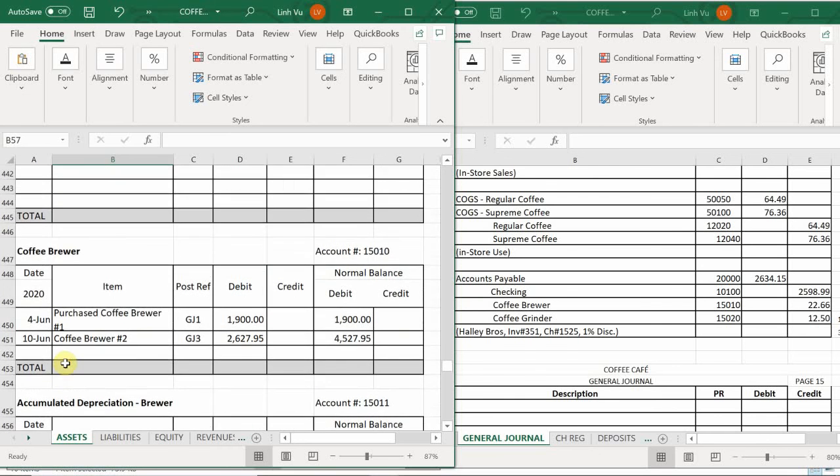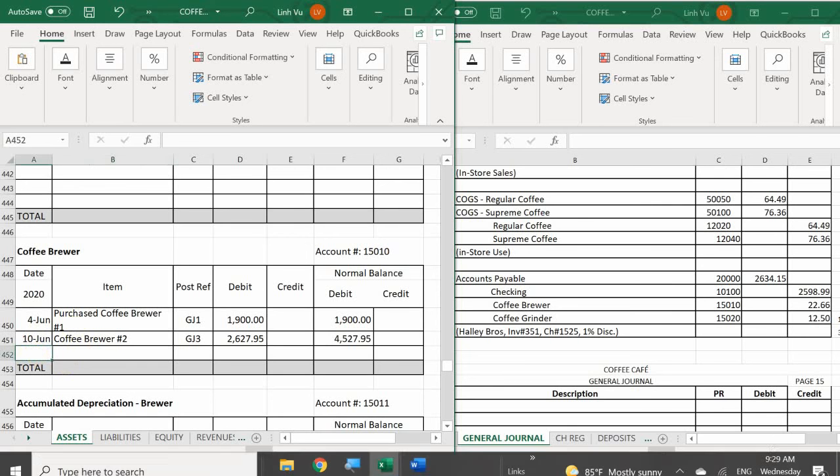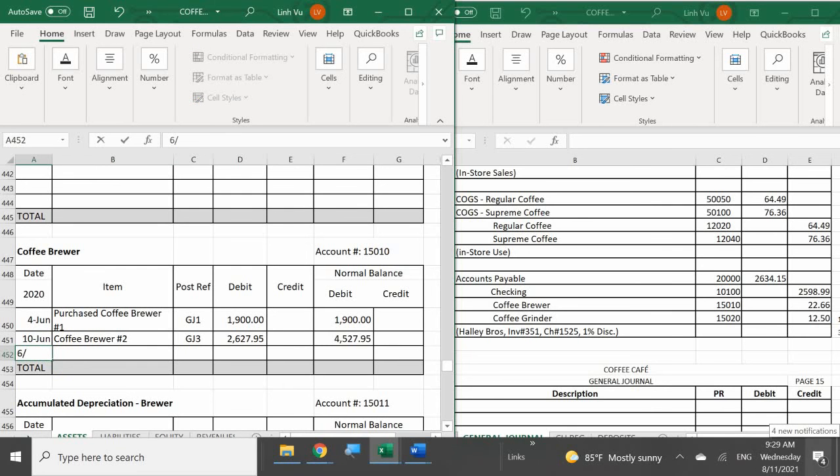Okay, so here we are, coffee brewer. Would we put 1% discount invoice 351? 1% discount for sure.